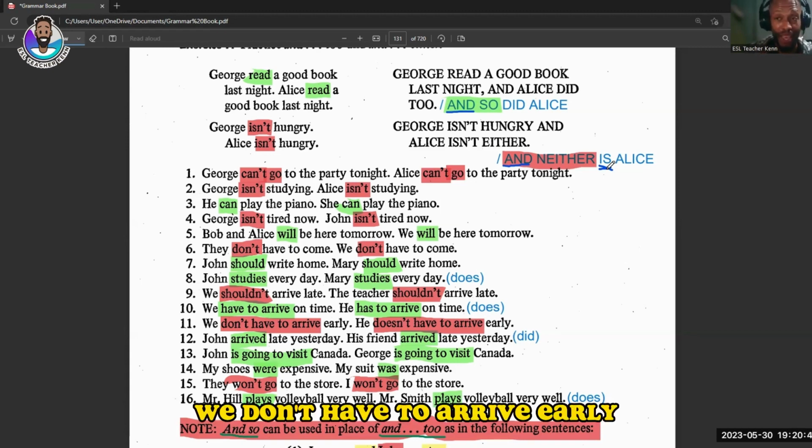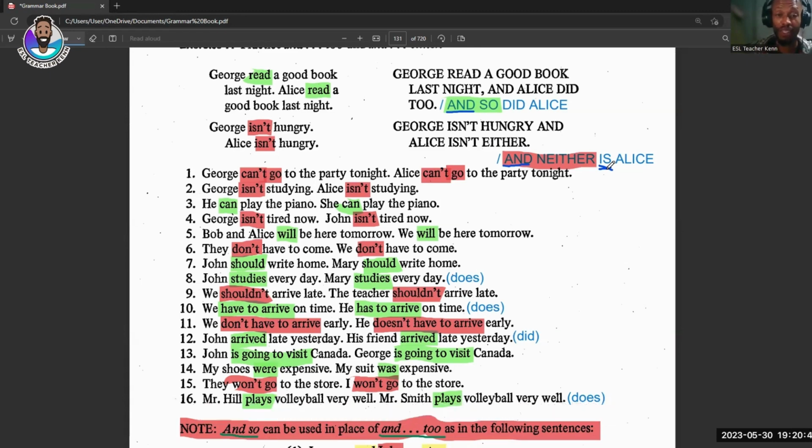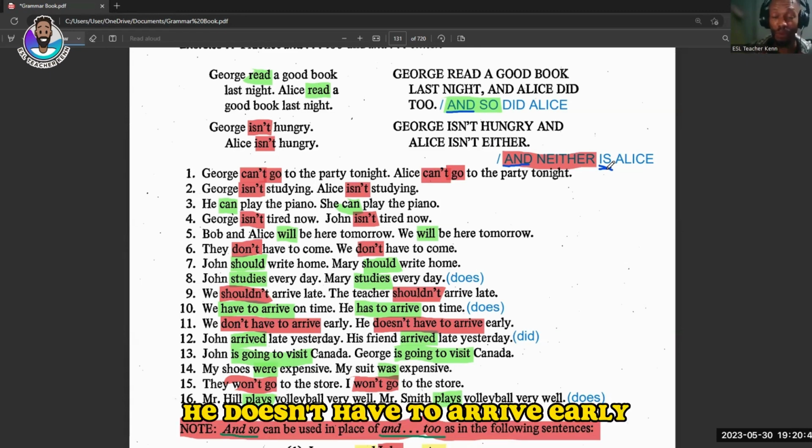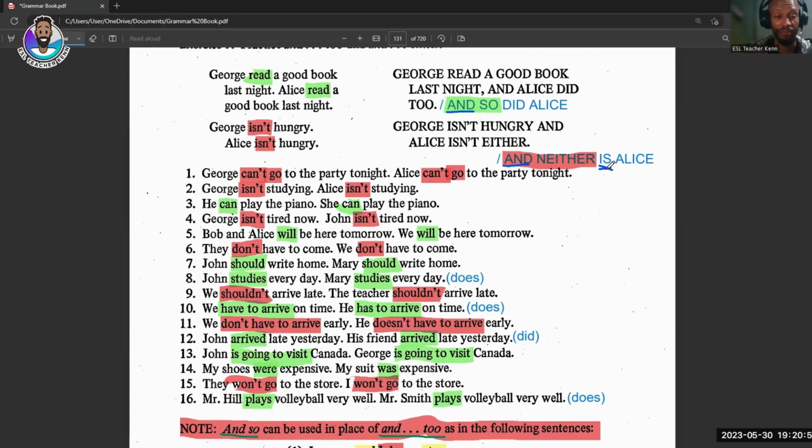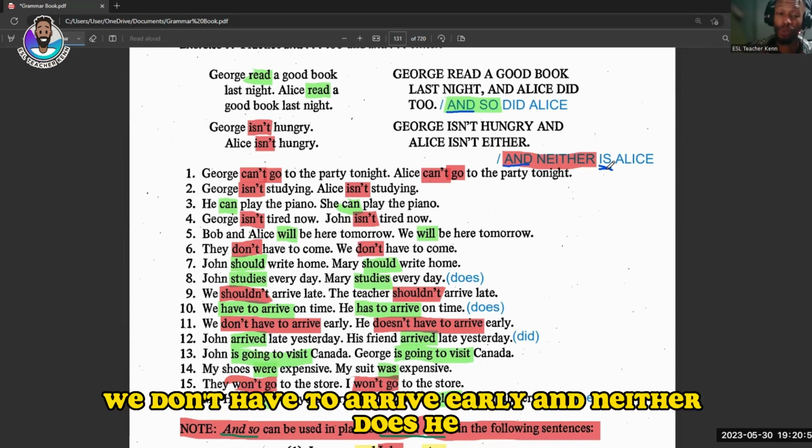We don't have to arrive early. He doesn't have to arrive early. We don't have to arrive early, and neither does he.